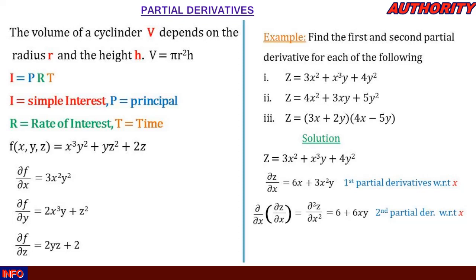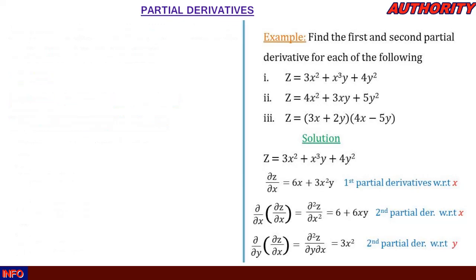We said the partial derivative of z with respect to x gives us 6x plus 3x squared y. Now we differentiate this function partially with respect to y. So we call this the second derivative of z, with respect to x and then y. We treat y as y, and every other variable that is not y we treat as a constant.